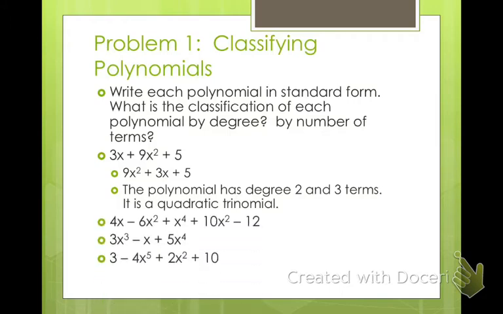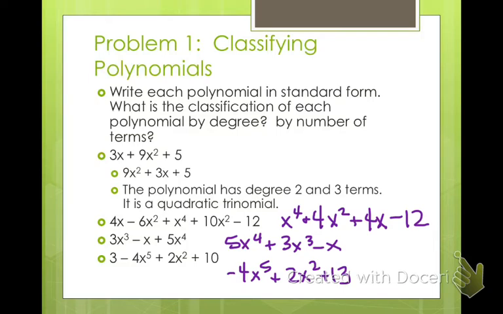Alright, how about you go ahead and pause the video right now and figure out these 3. How would you classify them by their name? Alright, I went ahead and put these in standard form. So I have 4th degree quartic polynomial of 4 terms. I have a quartic trinomial, and I have a quintic trinomial.